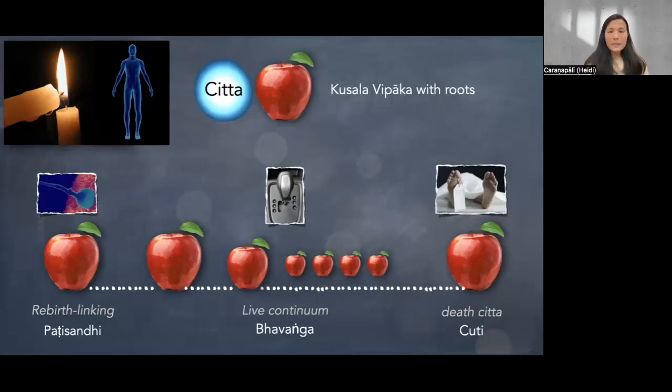So remember, in the thought processes, between the active processes, there are always bhavanga cittas. When there is nothing special, nothing active happening, bhavanga cittas keep running, keep us alive.